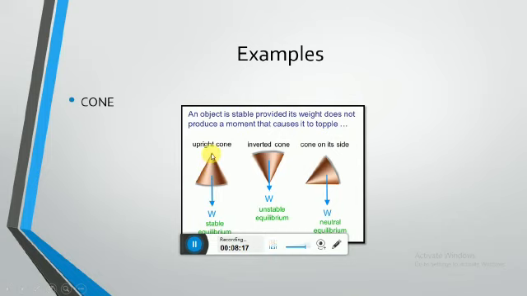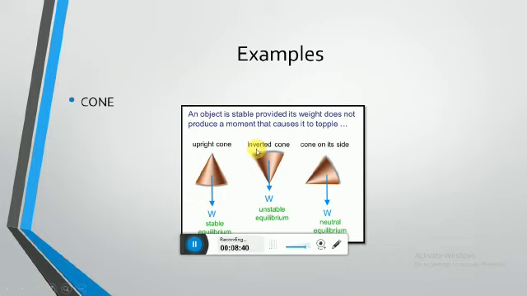So when the cone is upright, its weight is nearest to the ground, and it will be in a balanced state. In this case the cone is in stable equilibrium.